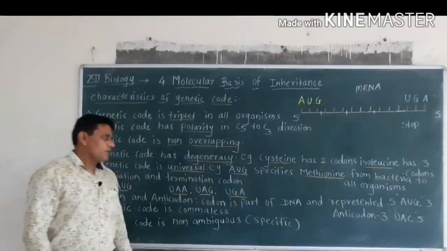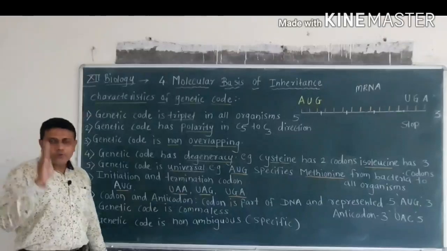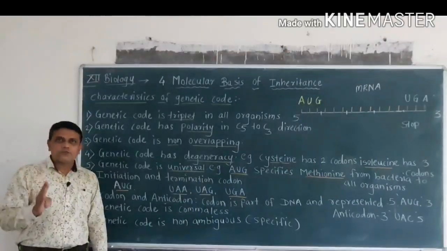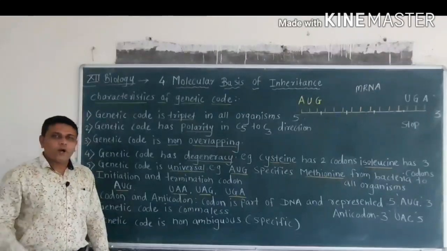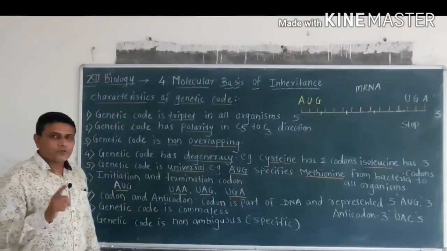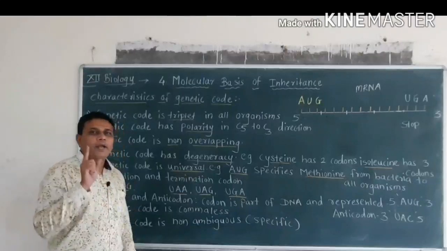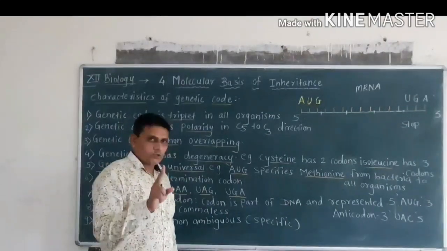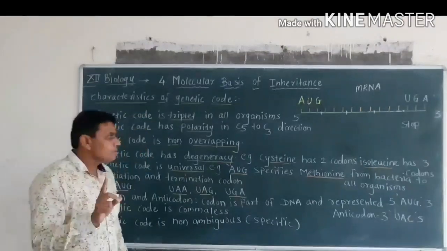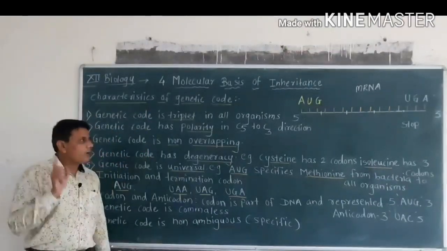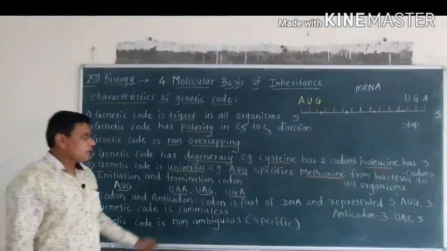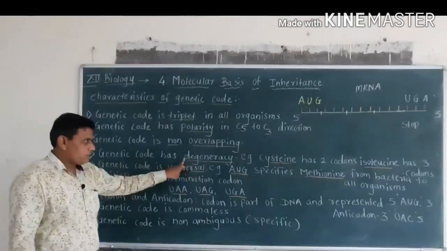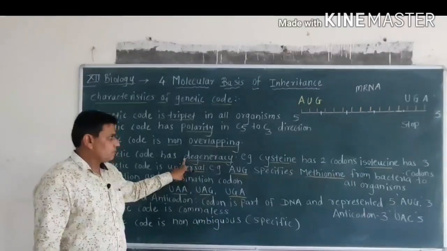It means, you have seen that there are total 64 genetic codes, out of which 61 genetic code for 20 amino acid. So 2 or more genetic codes can code one type of amino acid. Hence the genetic code has degeneracy.